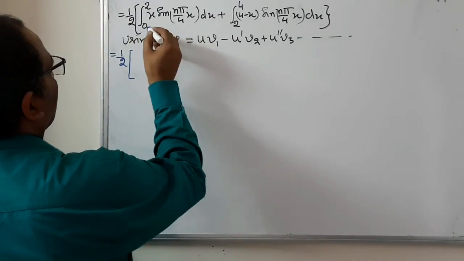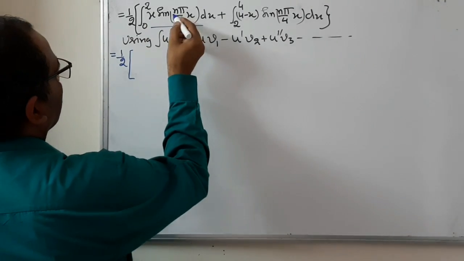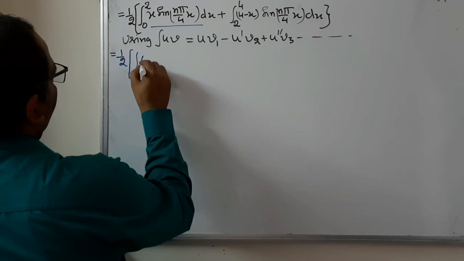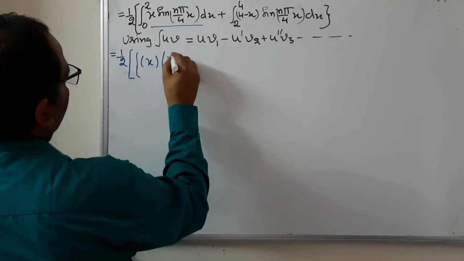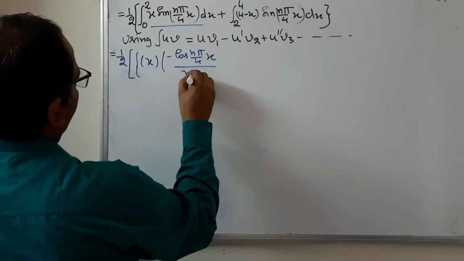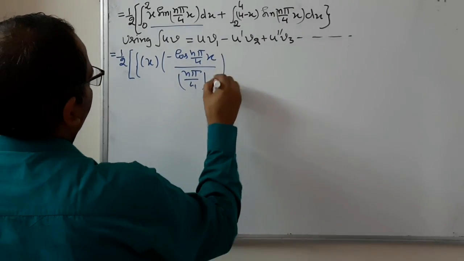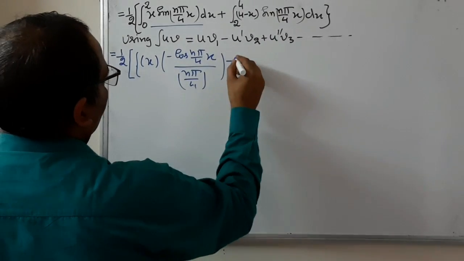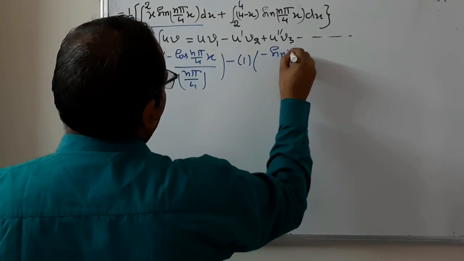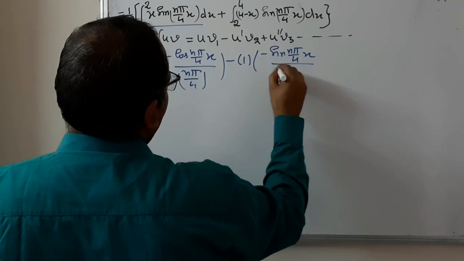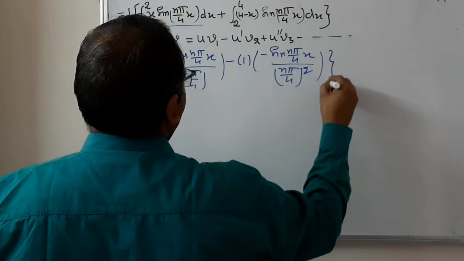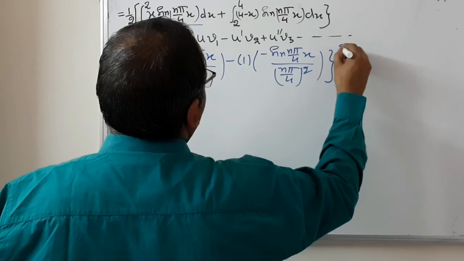So here apply the formula in this first integration. u is x and v is sine of n pi x upon 4. So the first term is x into minus cos of n pi x upon 4 upon n pi upon 4, and minus differentiation of x that is 1, into integration of this that is minus sine of n pi x upon 4 upon (n pi upon 4) whole square, with limit 0 to 2.